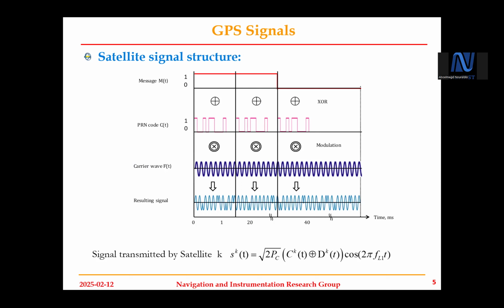The code bits, which come at 1 megahertz, are combined together with the original navigation message bits using XOR operation. And the output is modulated on top of the carrier signal using phase shift keying, PSK modulation technique. In this technique, if the resultant bit from combining the navigation message bit and the code bit is 0, the phase of the signal is left intact.